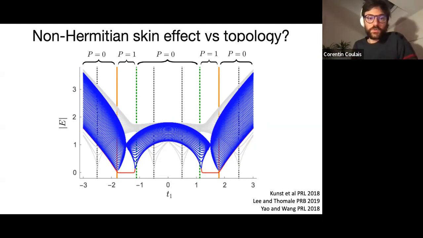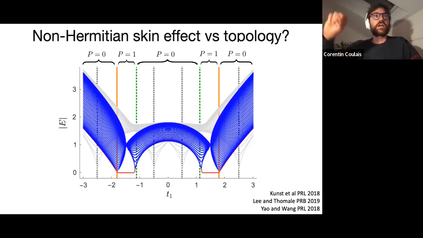And what people were really interested in is that because of this very large discrepancy between the periodic rings and the open chains, the whole concept of bulk-edge correspondence comes into question, because usually the bulk-edge correspondence assumes that the bulk spectrum will remain the same whether you have a ring or a chain.